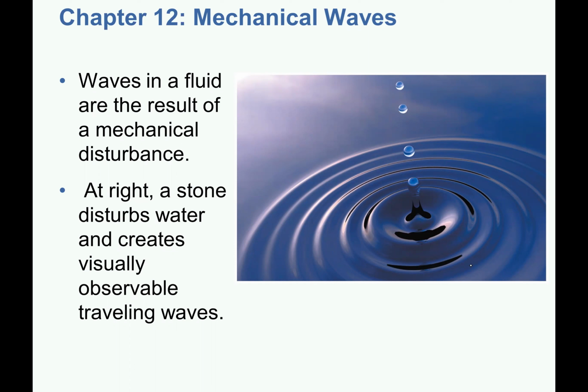That means what you have here is you create a disturbance, and the disturbance is basically the source of the water waves, okay? And those water waves are a mechanical disturbance because you actually disturb that by another source, and that's basically called a mechanical wave.